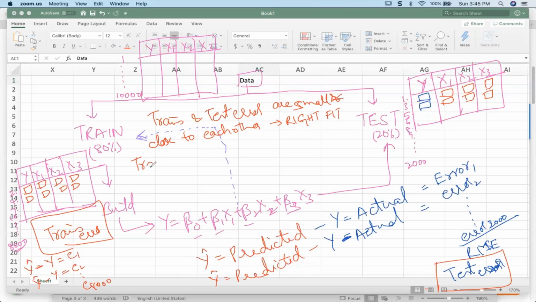If training error is low and test error is high, it is called overfitting. Overfitting is also called variance.